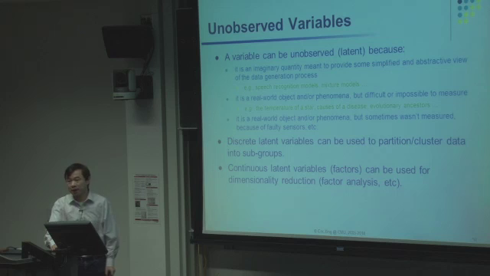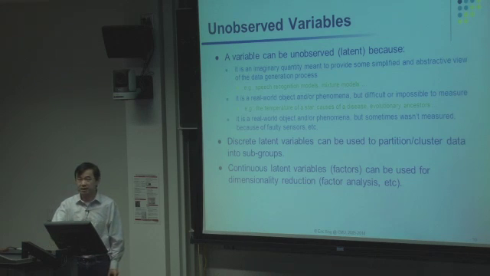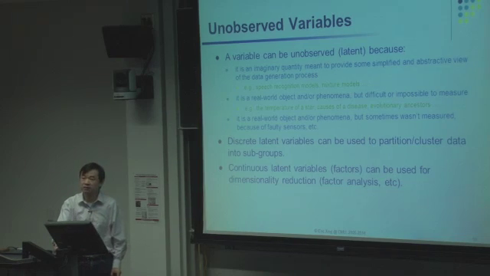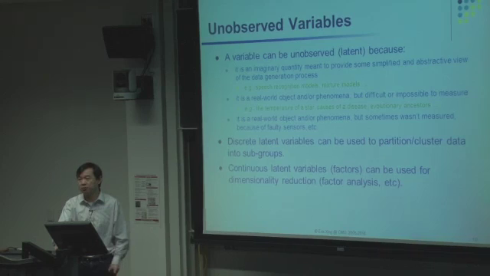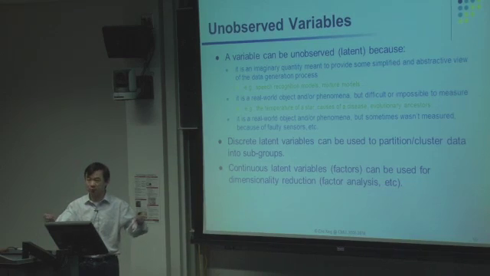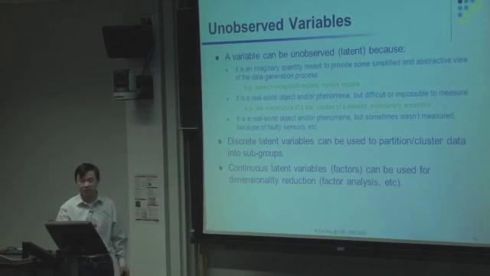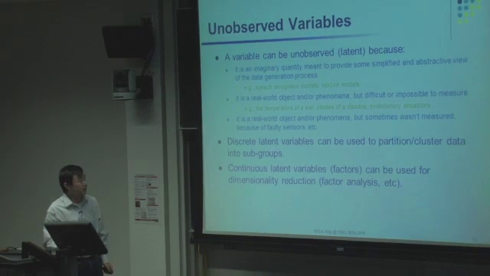And sometimes this latent variable is not a real thing. It is just a vehicle for you to make sense of data, such as a cluster label. It is not really a physical entity. You can label it 1, 2, 3. You can call them A, B, C, or you can make 2 and 1 to be the same label. It's really arbitrary. But these latent labels give you some easy way of interpreting real data.